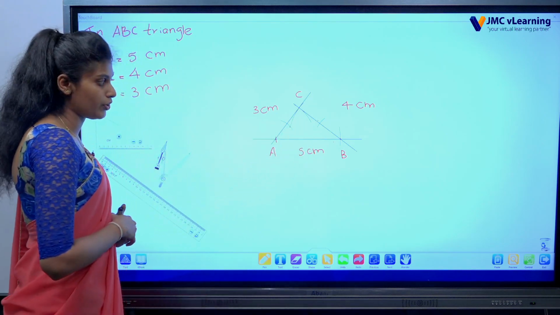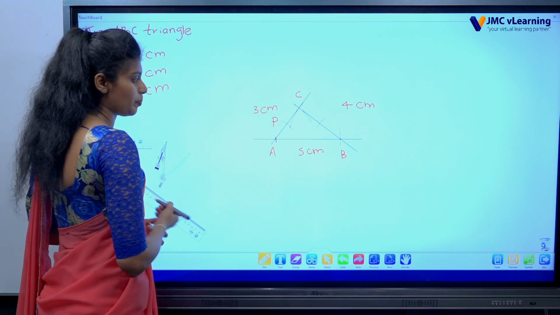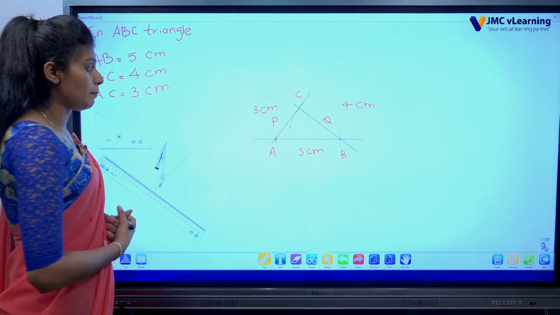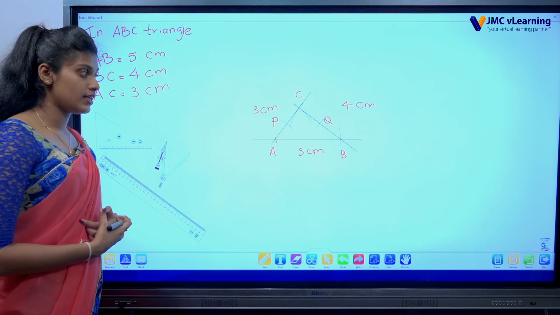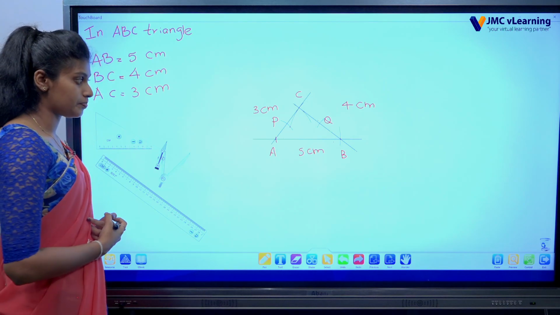This is the midpoint of BC. Let's mark this point as P and this point as Q. Then P is the midpoint of AC line and Q is the midpoint of BC line.